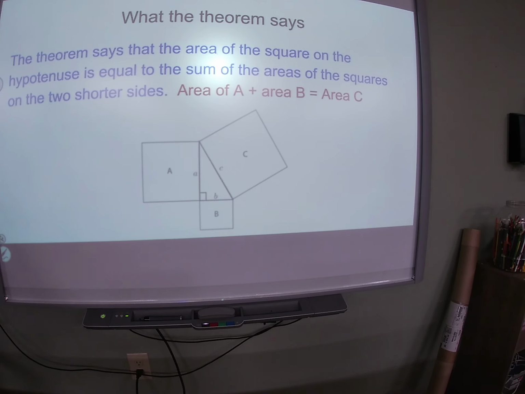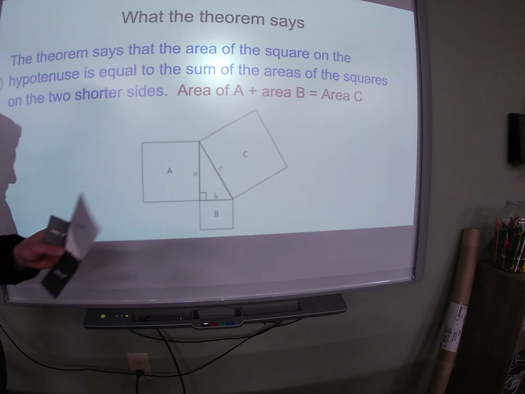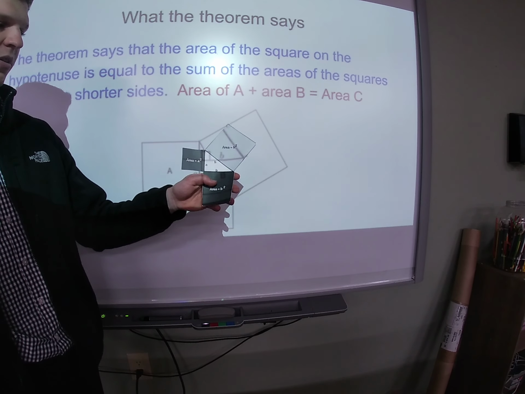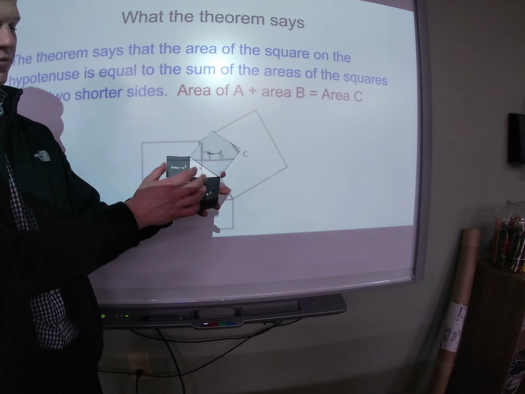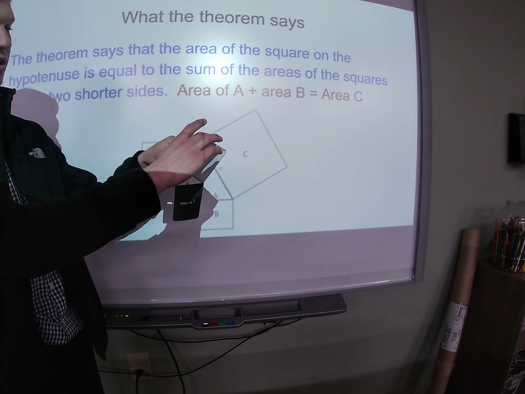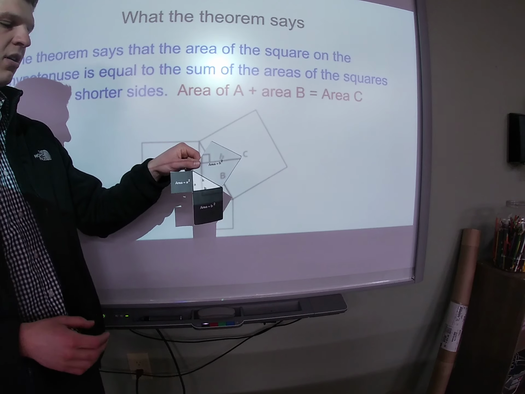So what you're going to do, I'm going to show you here. I have some cutouts of the Pythagorean theorem. Get the area of one leg, the area of the other leg, and then the area of the square of the hypotenuse.